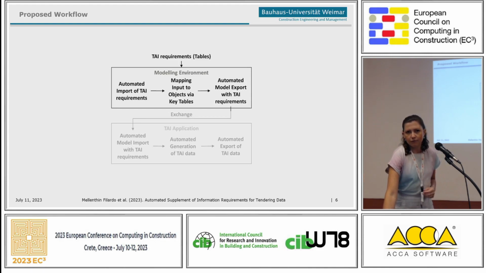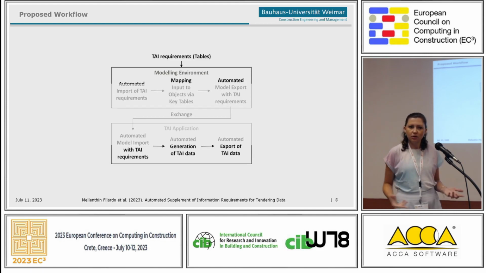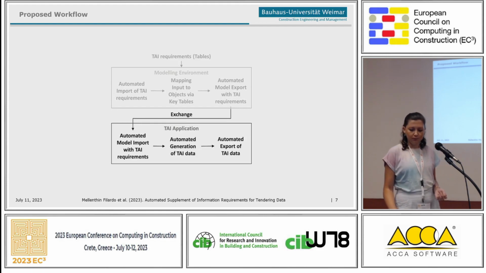This phase is usually associated with a lot of work, because all this awarding and tendering work is very cumbersome, and this way we would manage to shorten it, because it would already be in the model and automated in the model.